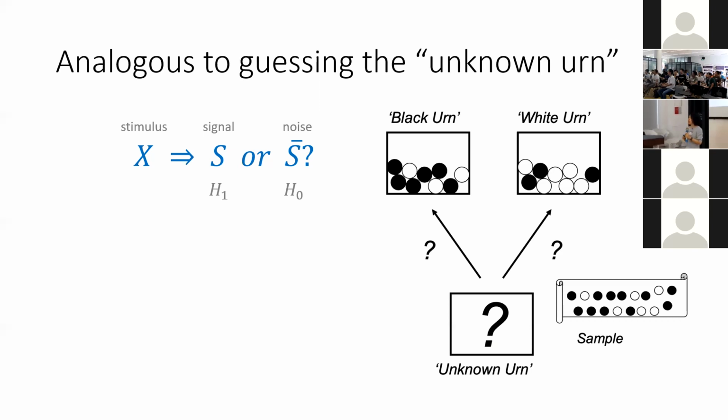In this kind of signal detection problem, what we need to do is, based on these samples, to get a posterior probability of how likely they came from the black urn or the white urn. So this is just a very general problem. I use this one as an analogy for almost everything.